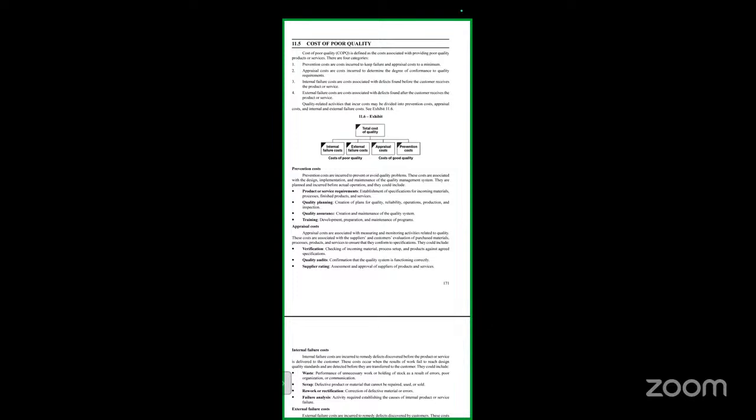In that, verification happens, we look at quality audits, and we also need to see supplier rating. Appraisal cost is incurred in order to produce a more qualitative product to satisfy the customer.